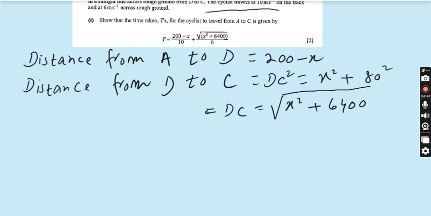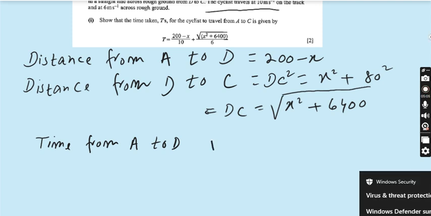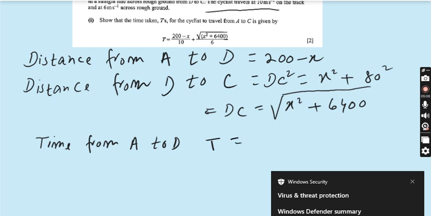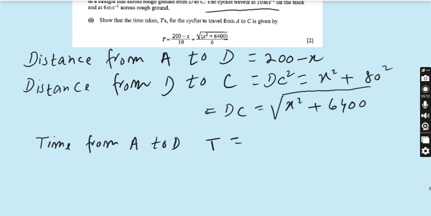Now find the time. First we have to find the time from the path A to D. You know the formula of speed is distance upon time, then the formula of time is distance upon speed. T is equal to distance upon speed.